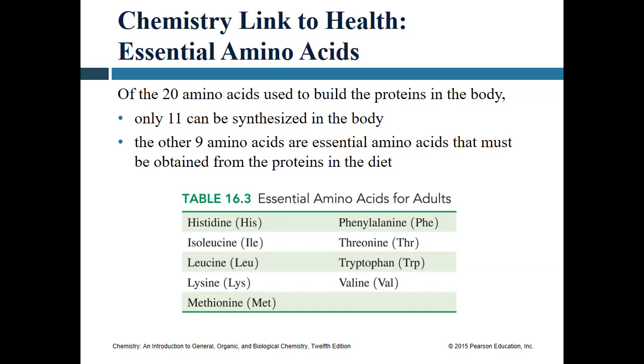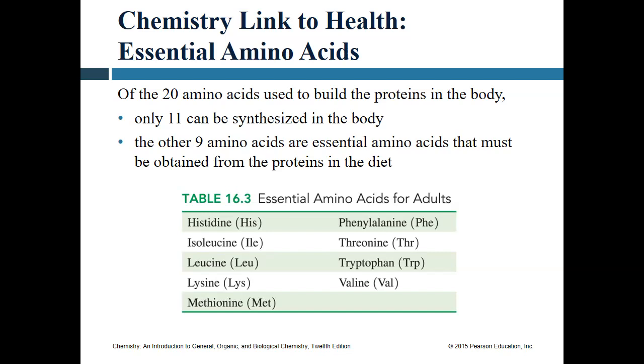And that means that either through a series of supplements or through the foods that you eat, you've got to bring in those other 9 amino acids. And so that's why those are referred to as the essential amino acids. These are the ones that your body needs to build proteins, but cannot make on its own.